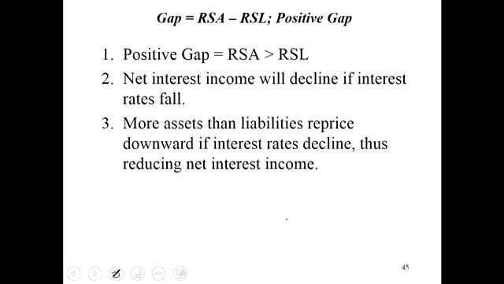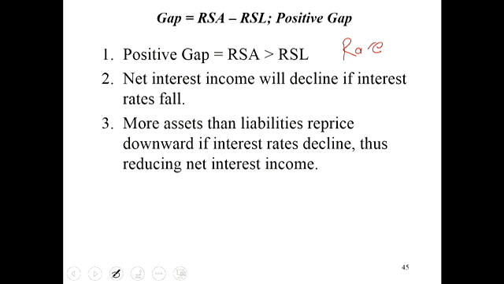So the positive gap, which is rare for a bank, you almost never see this for a bank. The assets are more rate sensitive than the liabilities. Usually it's the other way around. Now, if that's the case, when you think about what will happen in terms of the net interest income, if the interest rates go down, then as your assets come up for an interest rate review, they'll take the lower interest rate.